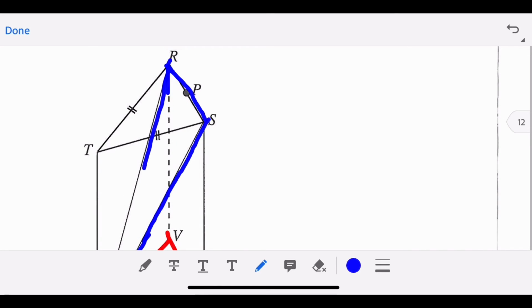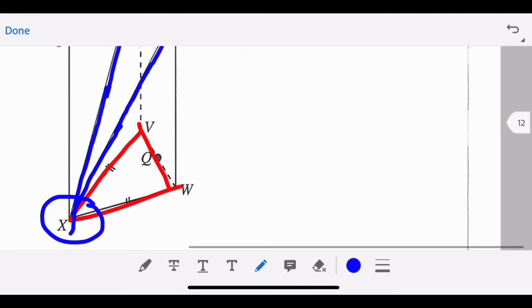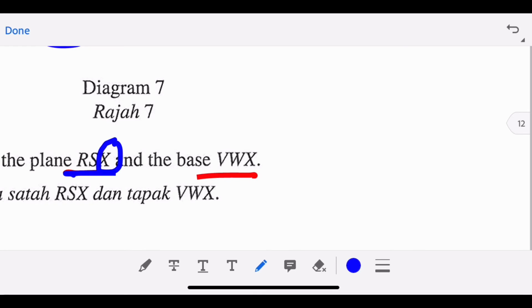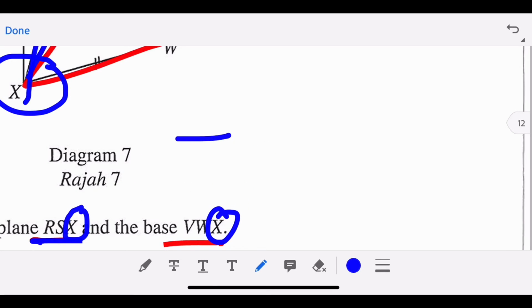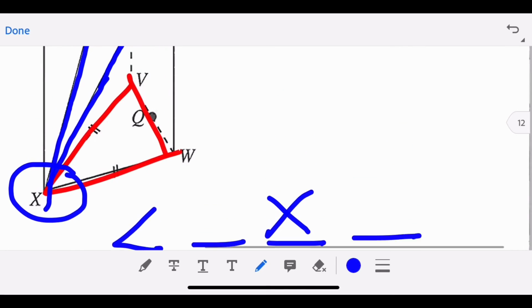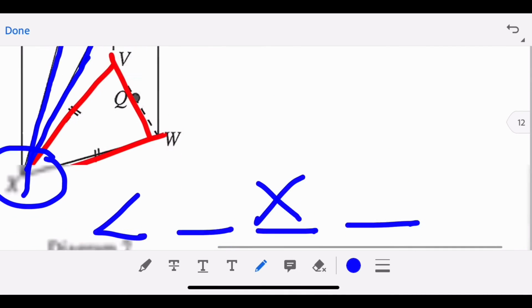By right, you have to understand how you get the angle between these two planes. Because they have a common letter, the common letter will be the angle between the two planes, x. So we need to complete the 3 alphabets for the angle.